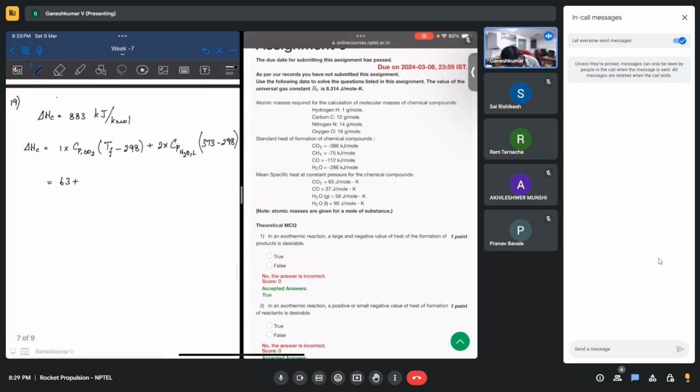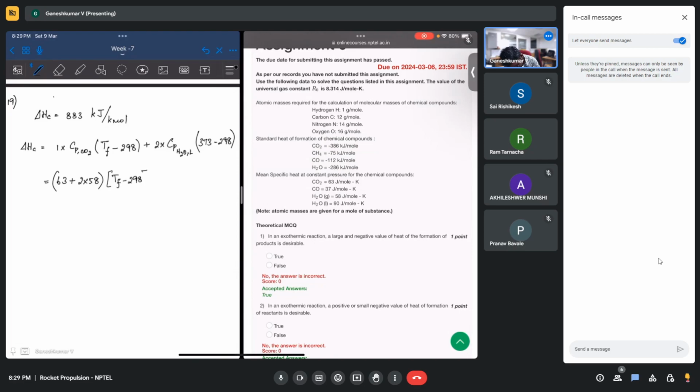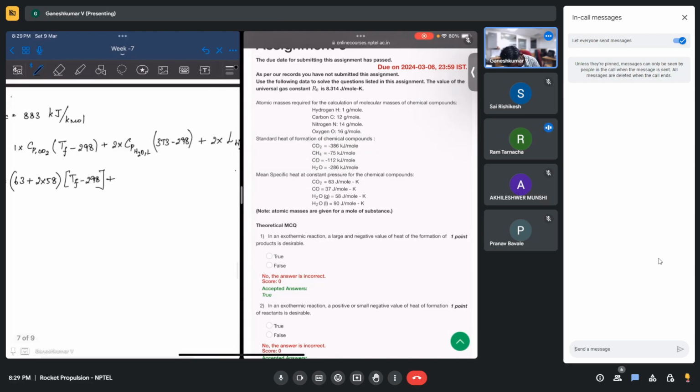Sorry, 58, right? 2 times 58 into Tf minus 298, plus, this is 75, 2 into 75, 150, 150 into Cp of H2O, it is liquid, 150 into 90, so 13500.